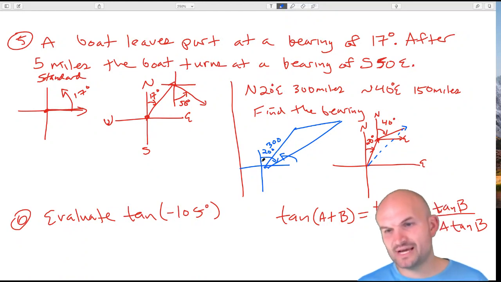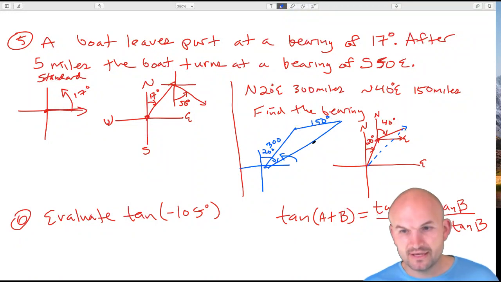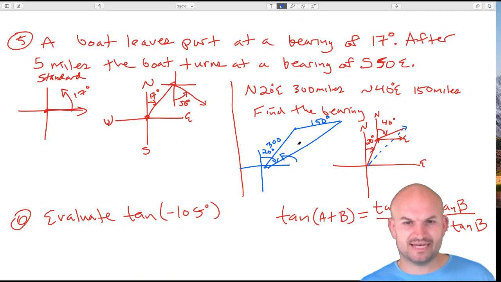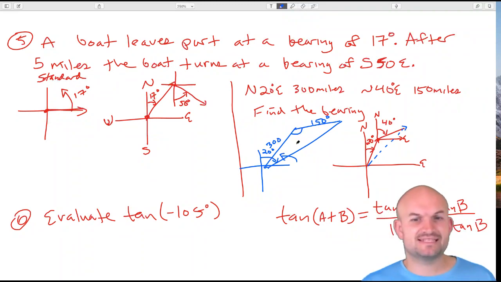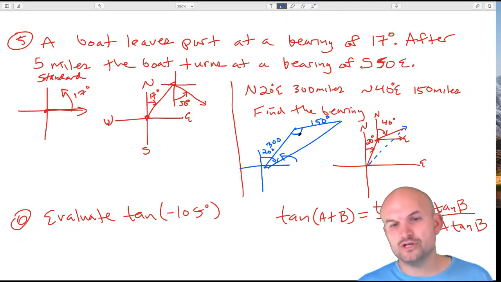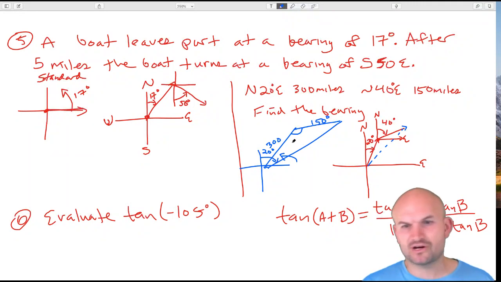So there's a couple different ways of doing this. What I would do is, we know that's 300, that's 150 degrees. We can either use the law of sines to find this angle, and once you know this angle, then you could use the law of sines or the law of cosines to figure out the remaining ones.